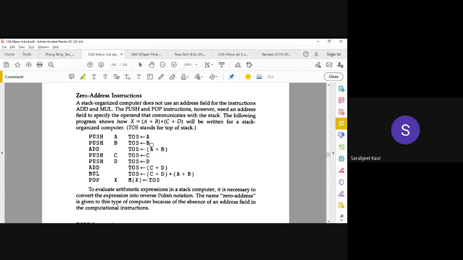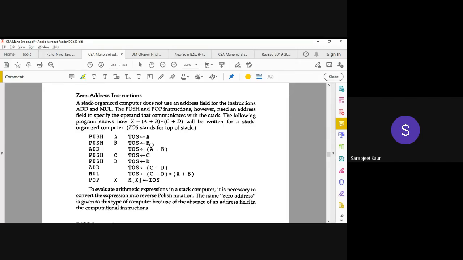which is called the stack pointer. If I say push, push means adding something to the stack. Pop means taking something out from the stack. So push means a new element is automatically added on top of the stack. Pop means the element on the top of the stack is given back to me.